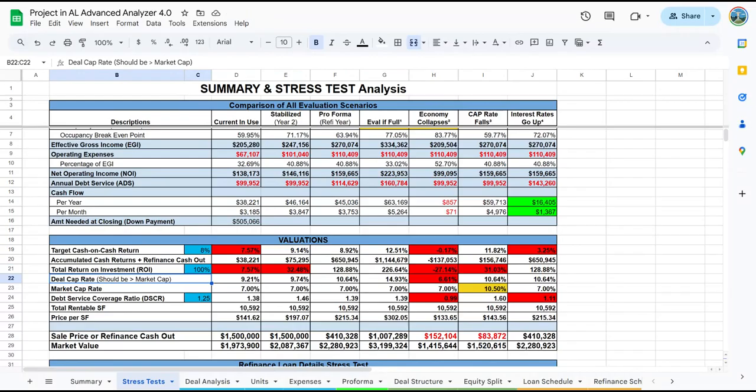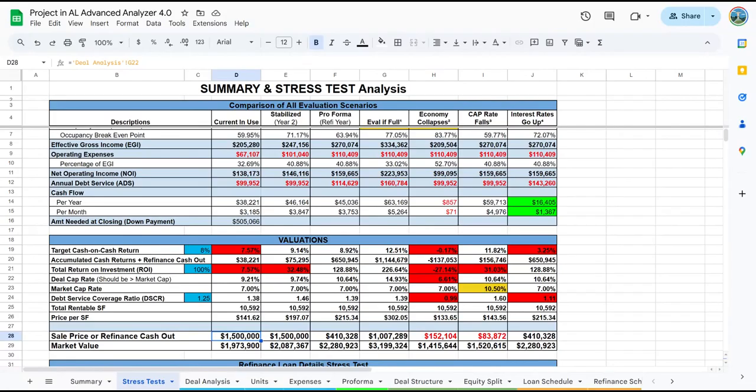And so the deal cap rate, you want that to be larger than the market cap rate. And the deal cap rate is calculated off the market value that you purchased it at. So this is telling you how good of a deal that you got.